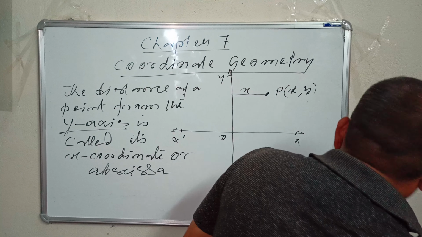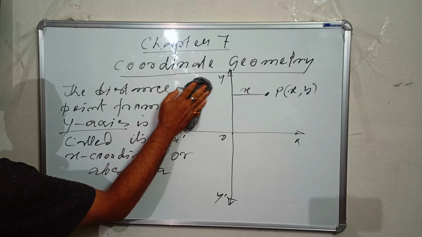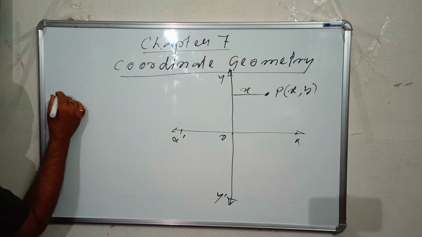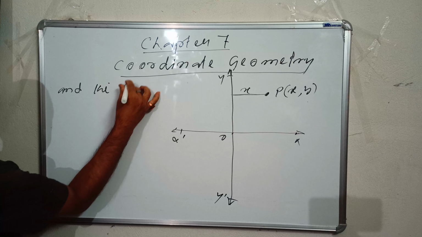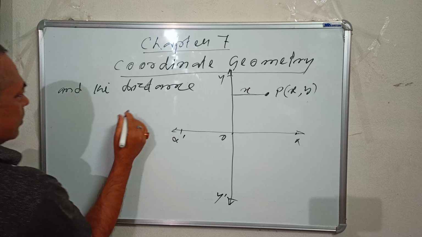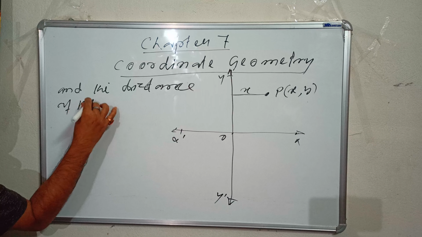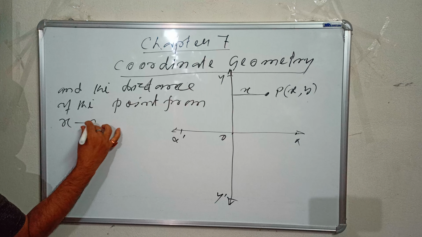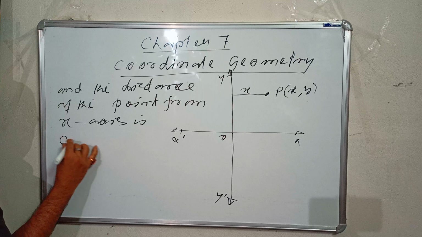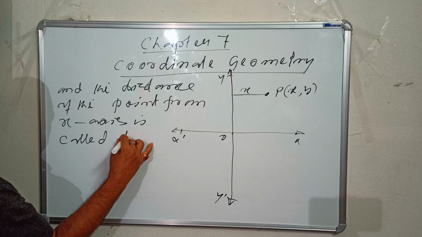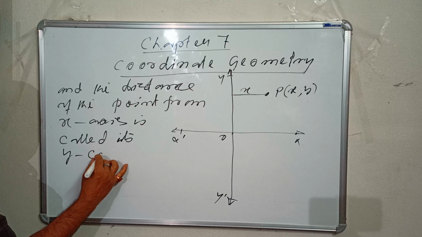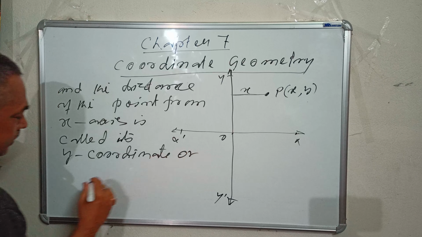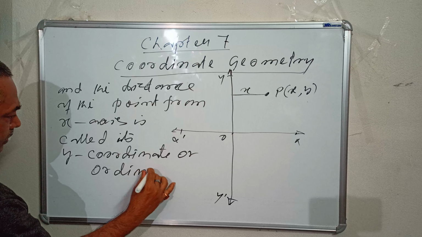Similarly, the distance of the point from the x-axis is called its y coordinate, or it has another name, ordinate.